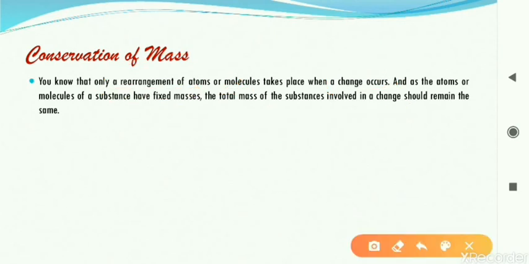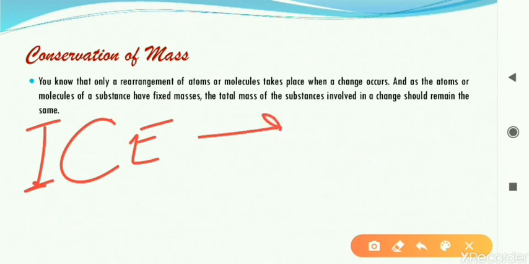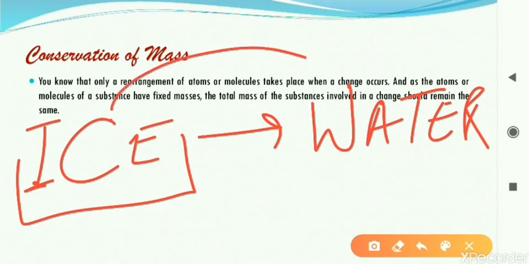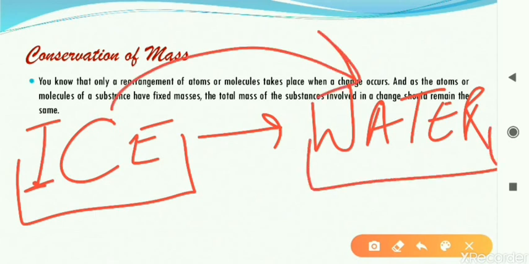For example, if we take a block of ice and it is converting into water, whatever the mass of the molecules of ice is, that will remain the same in the case of water also. The mass will not change. The mass of the molecules of the ice will be the same as in the molecules of the water. That is what is stated by the conservation of mass.